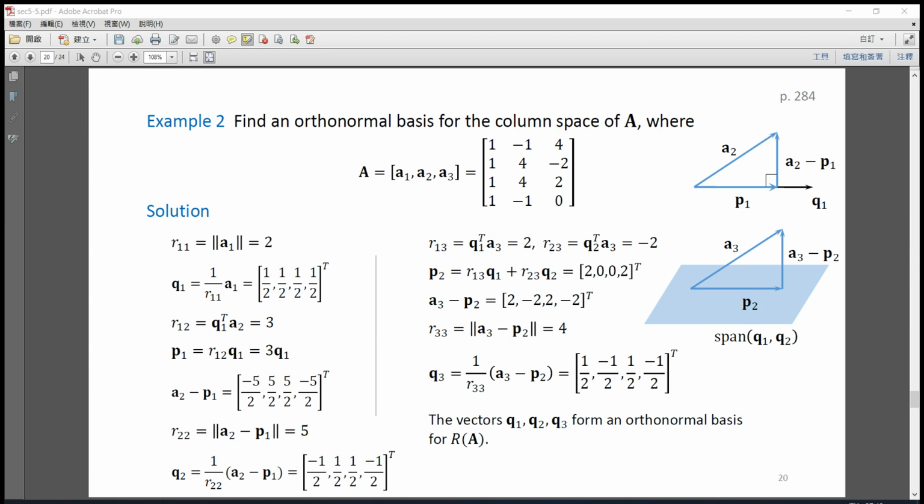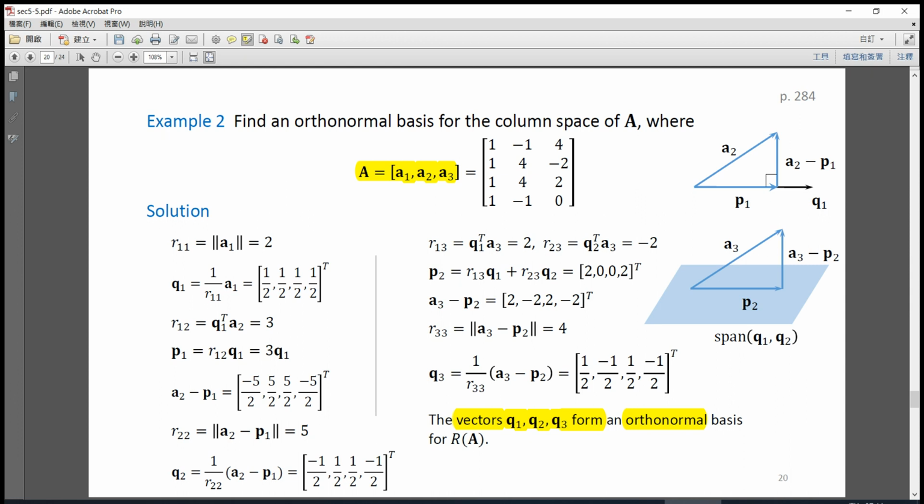We use example 2 to illustrate the Gram-Schmidt process. Let the columns of matrix A be A1, A2, and A3, and suppose A1, A2, A3 are linearly independent. Our goal is to compute vectors Q1, Q2, and Q3 such that they form an orthonormal basis, and the span of Q1, Q2, and Q3 equals the span of A1, A2, and A3.